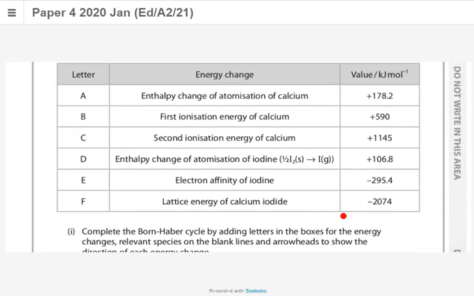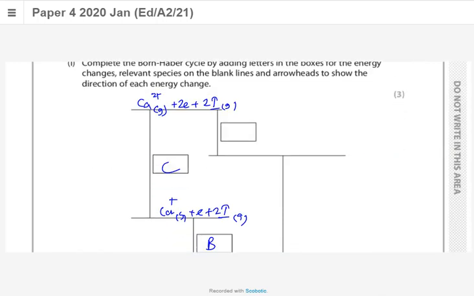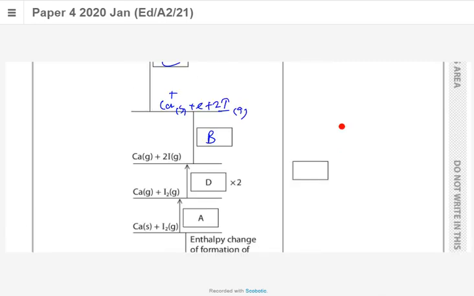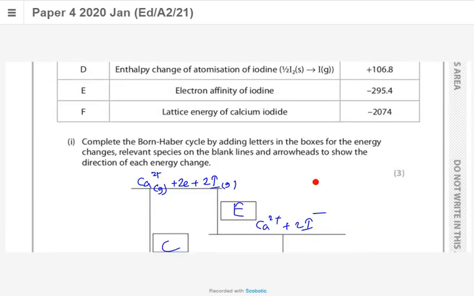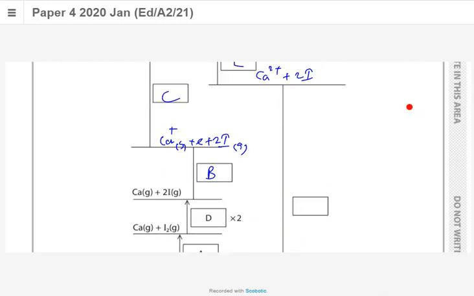The first electron affinity is always exothermic, right? That is iodine, E. So calcium 2 plus and 2 I minus. And this is the lattice energy, right? What is that? F. So you have to draw the arrows properly.